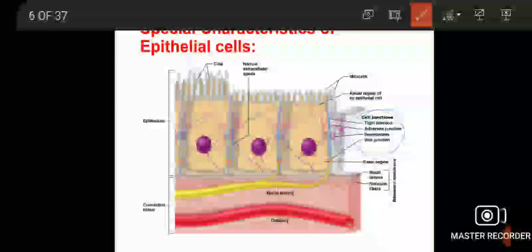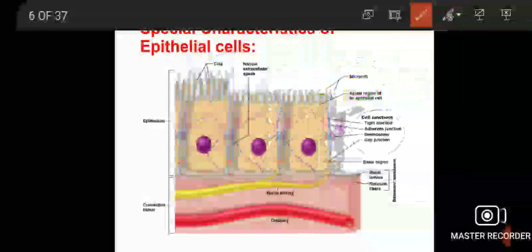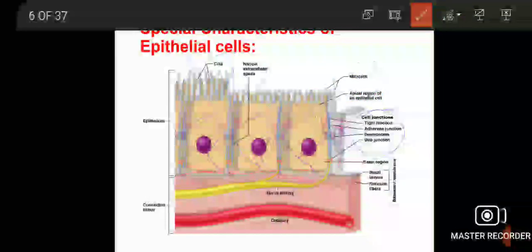And this is the apical surface. On the apical surface, you can see microvilli and cilia are present. So these are the apical cell surface modifications. And this is the basal surface, the basal region where the basement membrane is present.